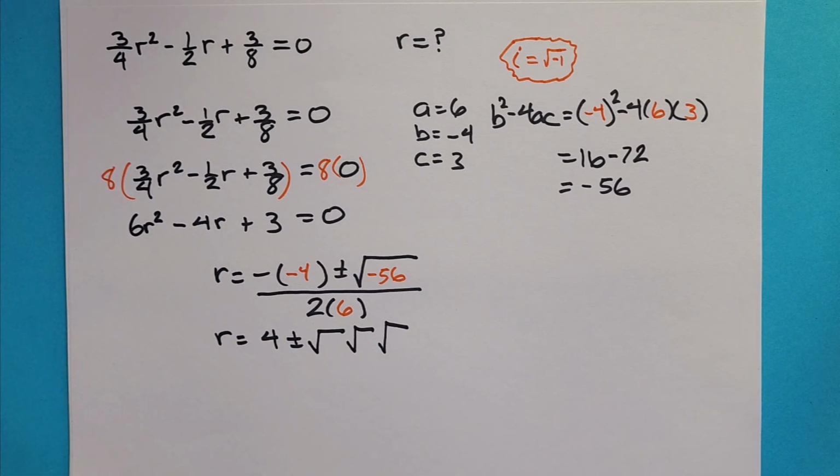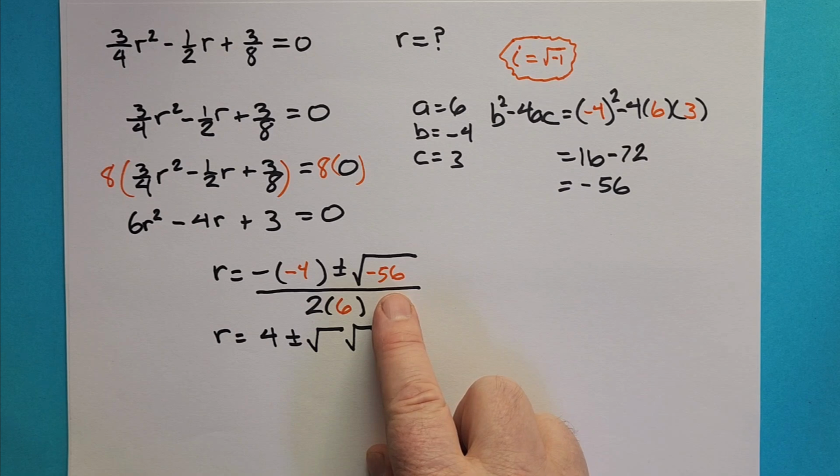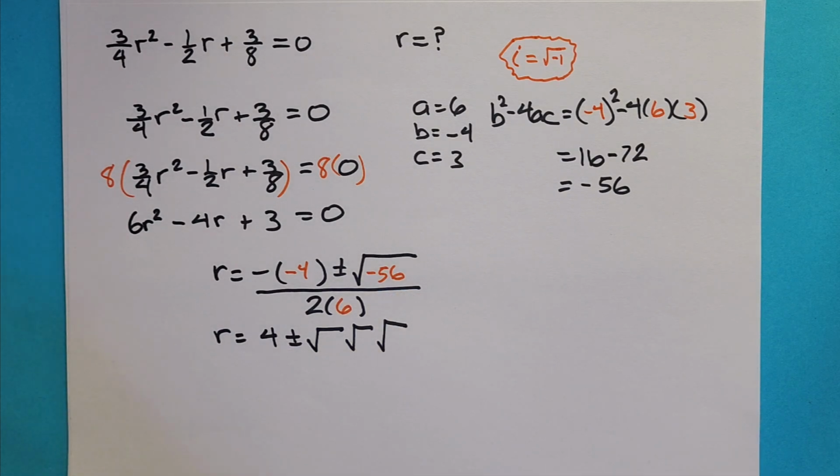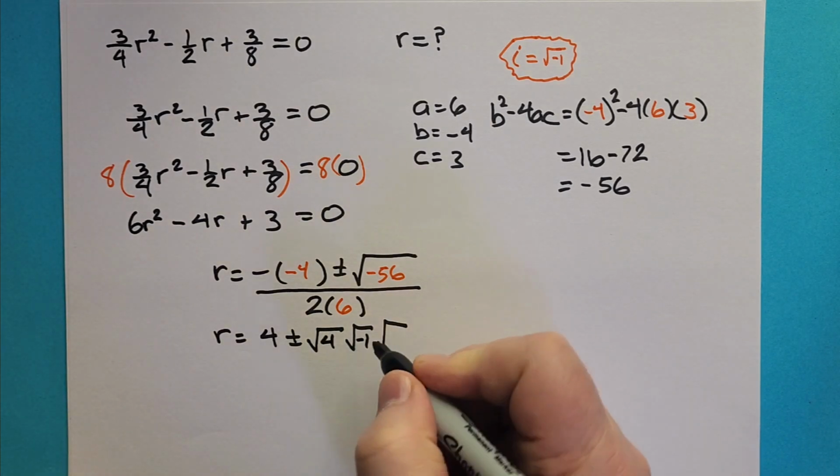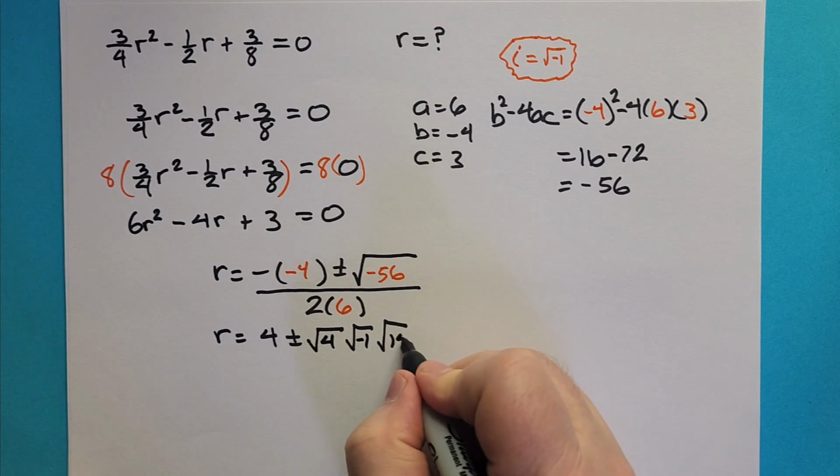If you look at your list of perfect squares, you'd find out that 56 is definitely divisible by 4. You can kind of get that if you just add 4 to 56, you'd get 60. Add 4 again, you get 64. Yeah, we know for sure 64 is a multiple of 4. So definitely 56 is a multiple of 4. So we can factor out a 4, we'll factor out the negativity, and that's going to leave us with 14.